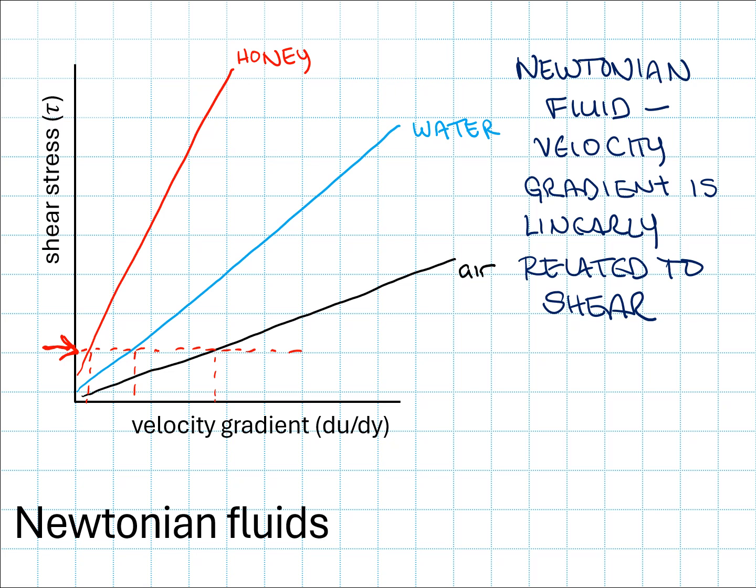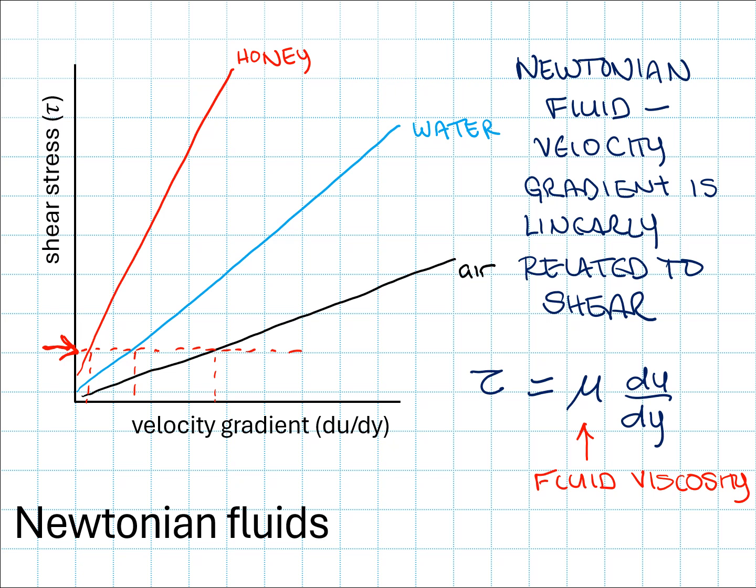So the constant of proportionality that is relating shear stress and velocity gradient is the fluid viscosity. And now we can finally draw that equals sign. So the greater the fluid's viscosity, the greater shear stress that's going to be enacted for any given velocity gradient.